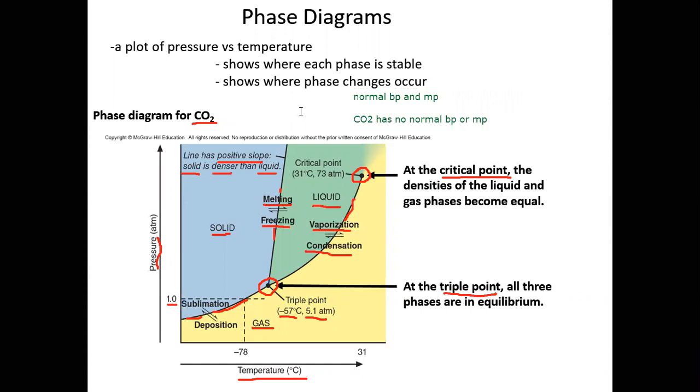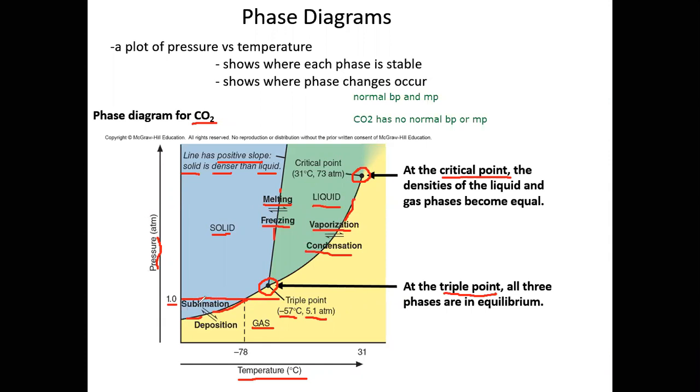Because to be a normal boiling point and melting point, we have to be at 1 atmosphere. And you see here, at 1 atmosphere, it never crosses the solid-liquid or liquid-gas boundary. So at 1 atmosphere, the only thing that CO2 can do is sublime or undergo deposition.